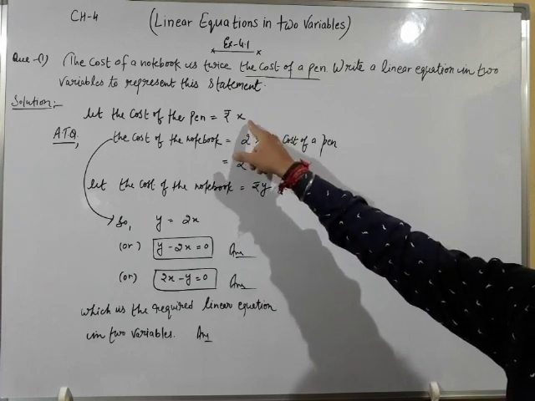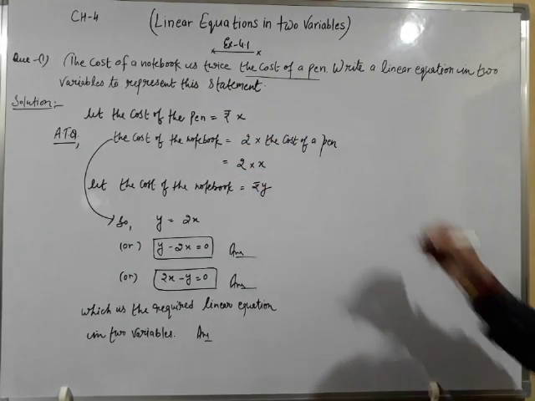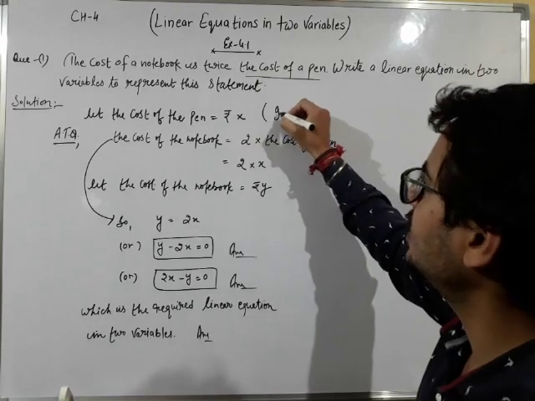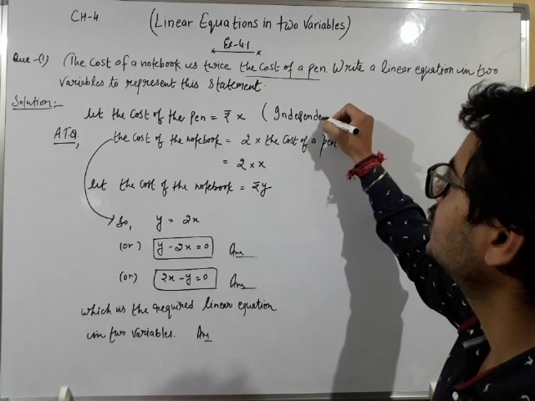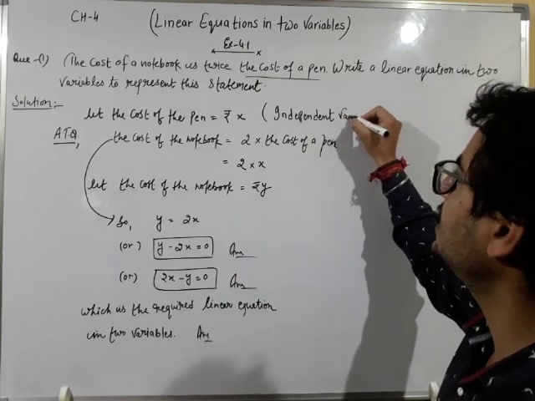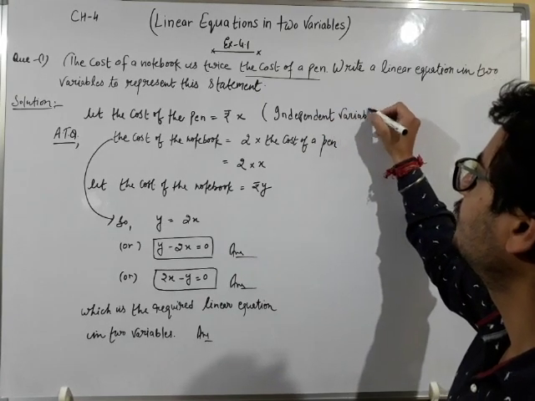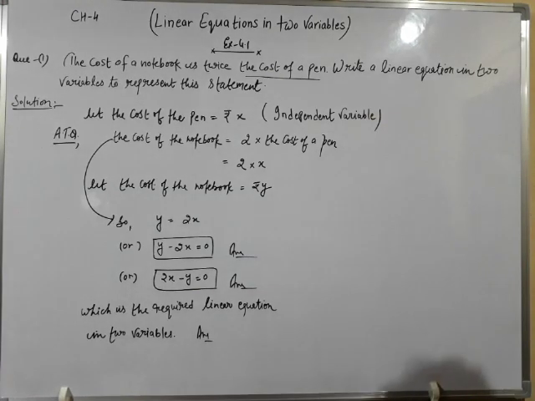Now, because this is the independent variable, with its help we will find the dependent variable, and then we will find the relation between the dependent variable and the independent variable.